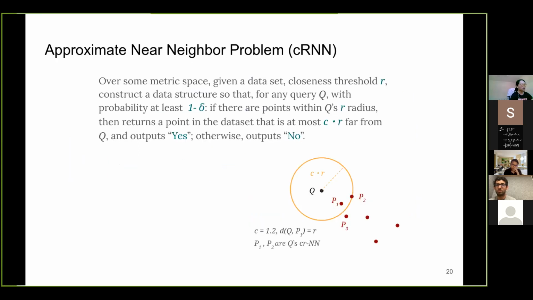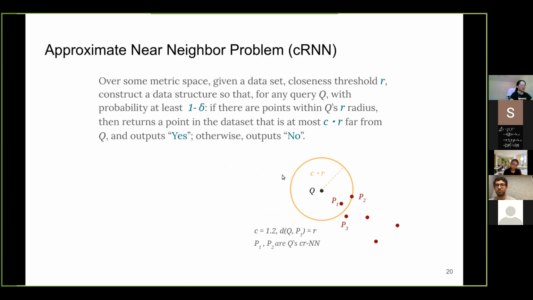And we first need to define another problem. It's a bit similar to the problems we have defined before, but it's called the approximate near neighbor problem, or CRNN. This is a decisional problem with extra output. So we use a similar figure for illustration.